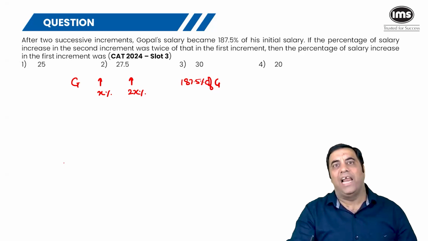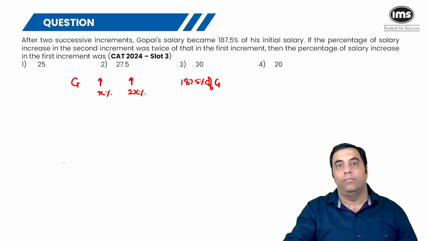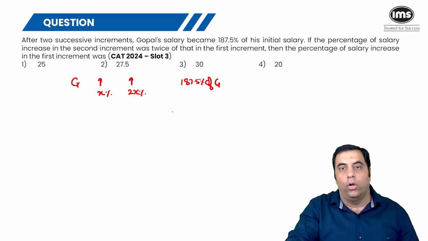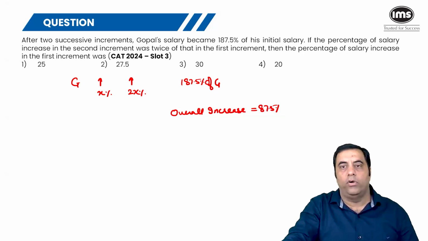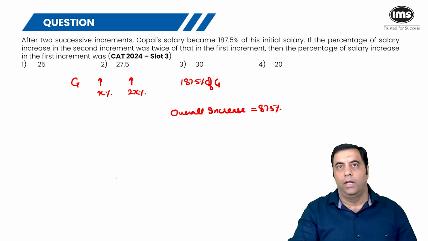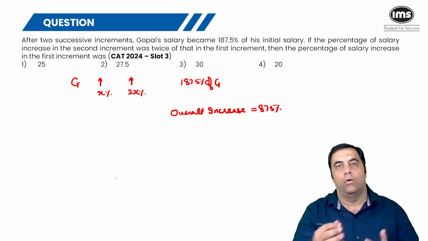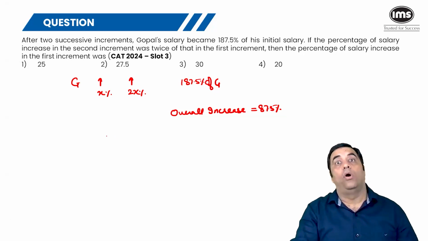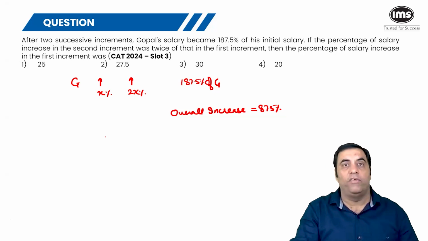So when the salary becomes 187.5% of the original, that means from there I can say the overall increase is equal to 87.5%, right? And I know the values are X and 2X%. So basically, I want the net change to be nothing but 87.5%.